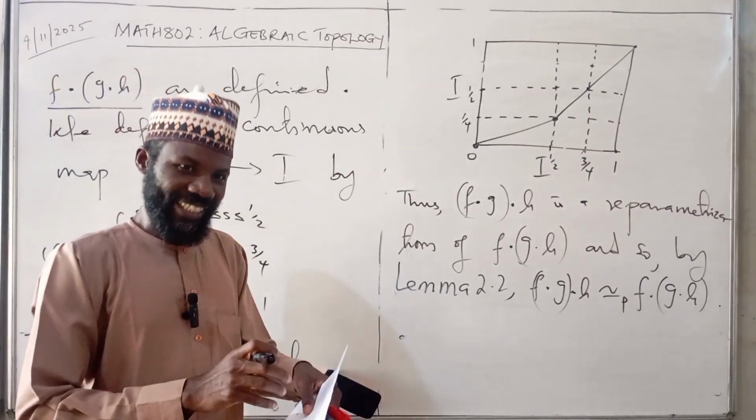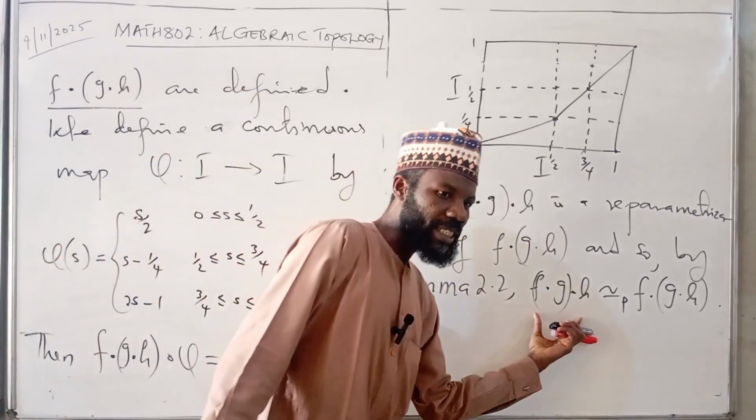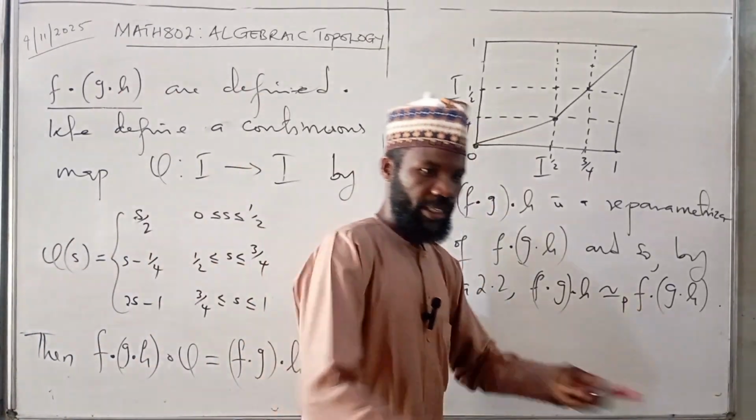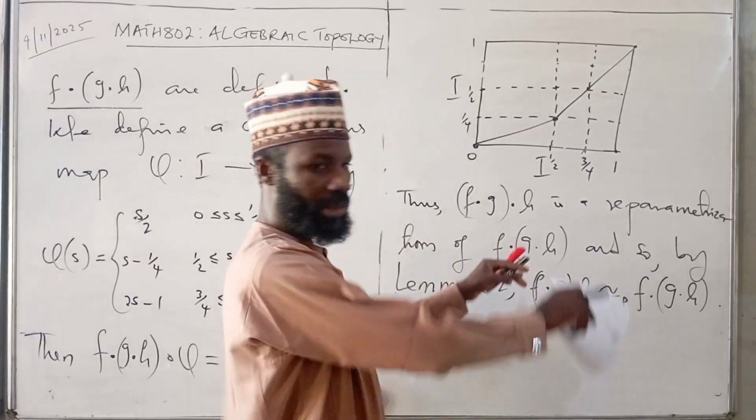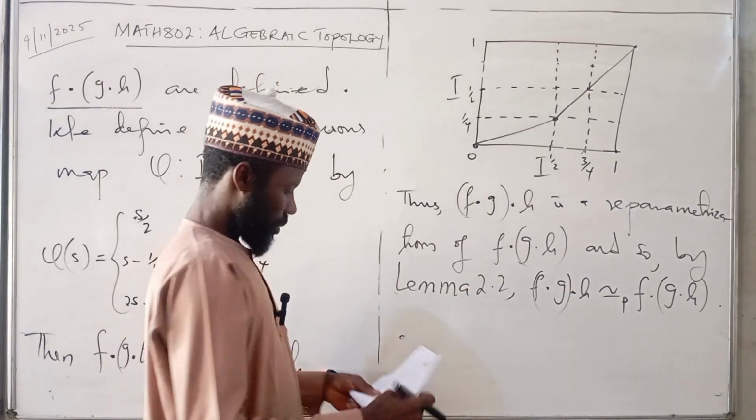But if we now restrict attention to loops based at a point, this is always defined, and that is always defined, and then they are homotopic, because it's part of the general thing we observe here. Okay?